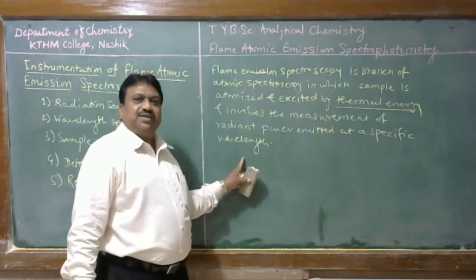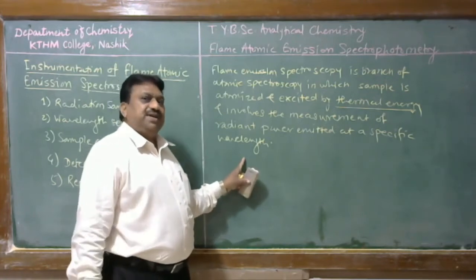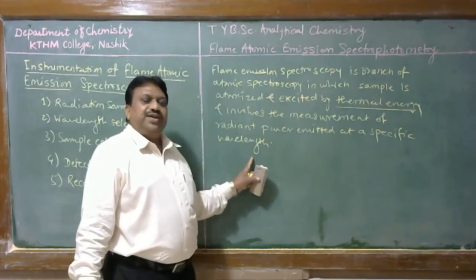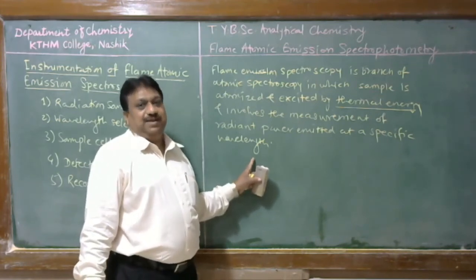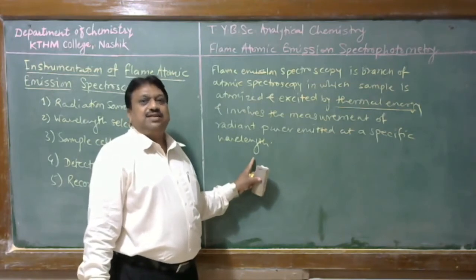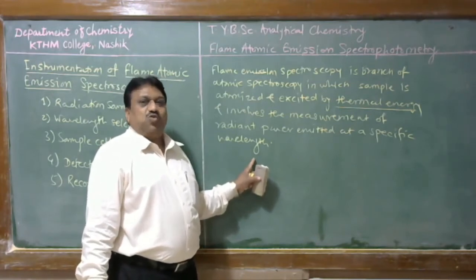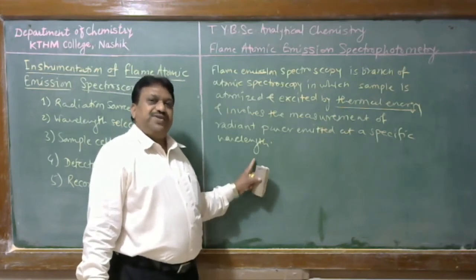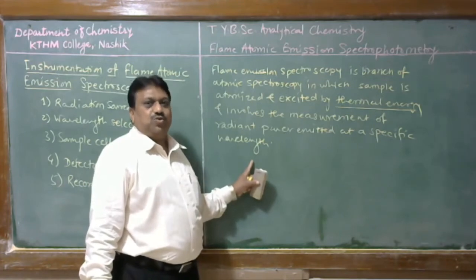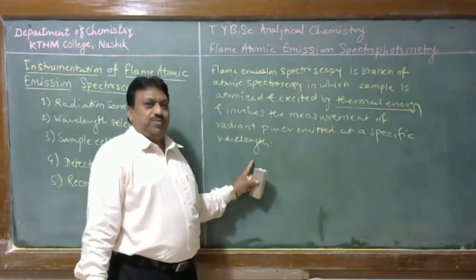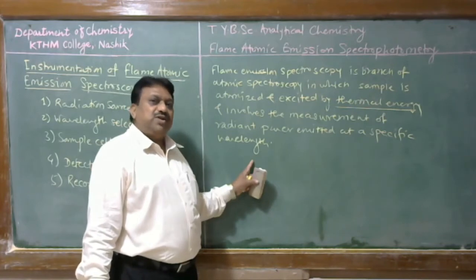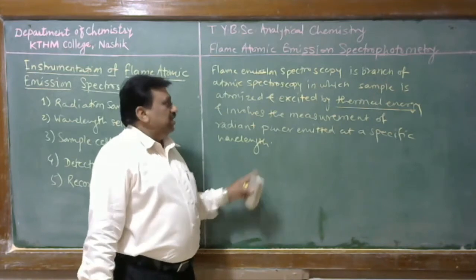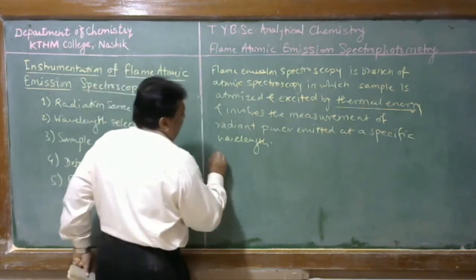Therefore, the first requirement is to convert the sample into atomic species, so a flame, that is a nebulizer and burner system called an atomizer, is required. The second component for construction of this flame emission spectrophotometer is a spectrophotometer, consisting of a monochromator, detector and recorder.